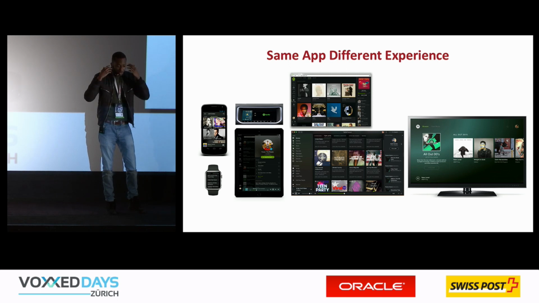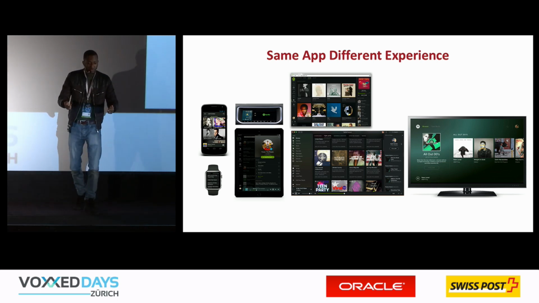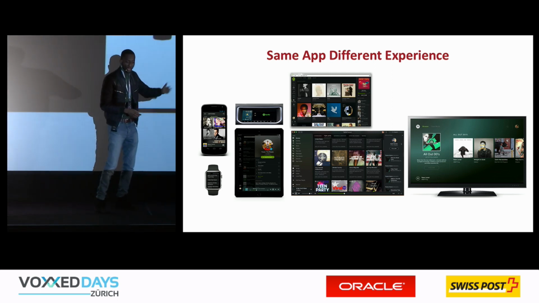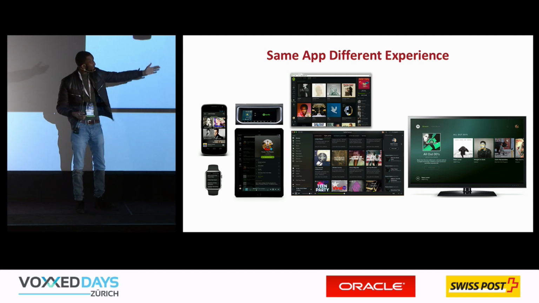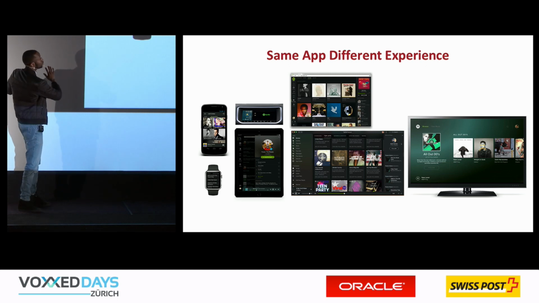You play it on your phone. It's lunchtime, you want to go for a jog. What do you do? On your watch. You're driving home. What do you do? The same Spotify in your car. You get home, you want to work a little bit on your desktop, Spotify. And then you turn on your TV in the evening. The same exact application.